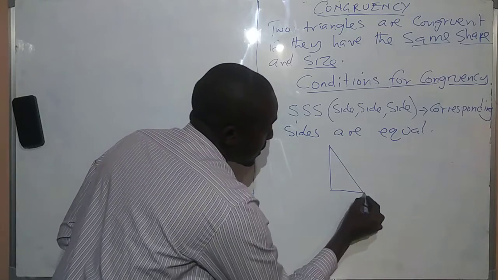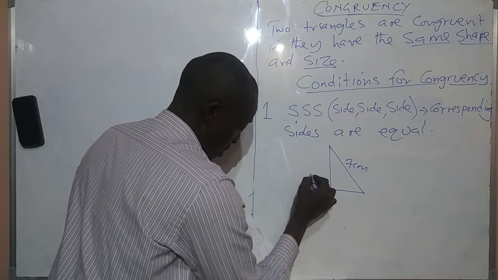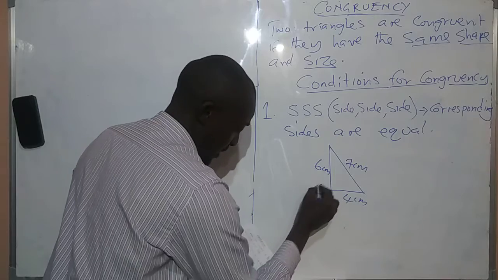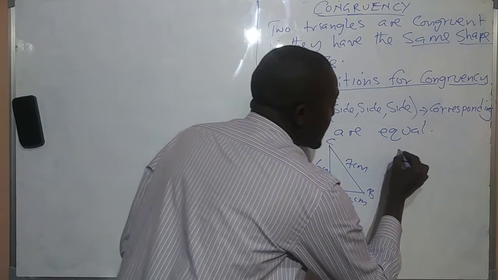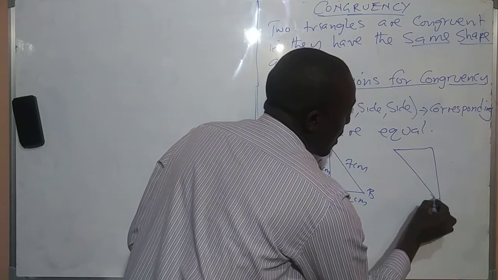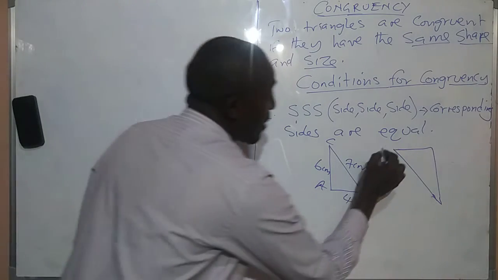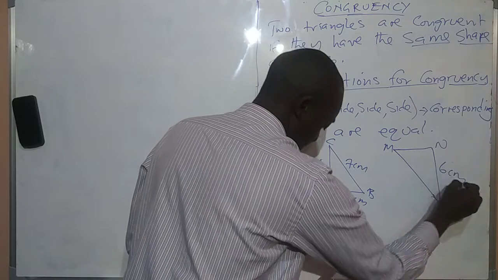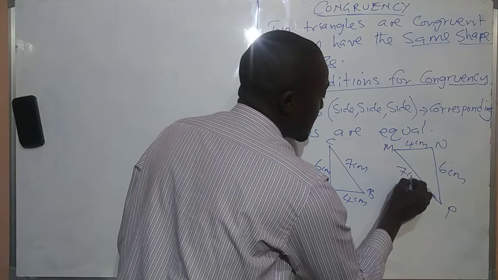Okay, here's a triangle here. 7 here, you have 6 here, you have 4 centimeters here. This is A, B, C. And then another one, even when we write it upside down like this, where we have M, N, P, 6 centimeters, 4 centimeters, and 7 centimeters.